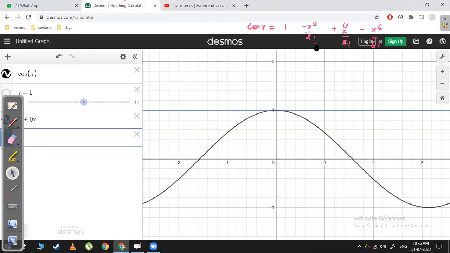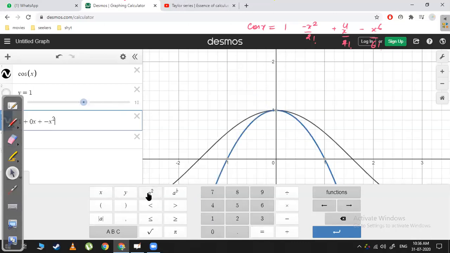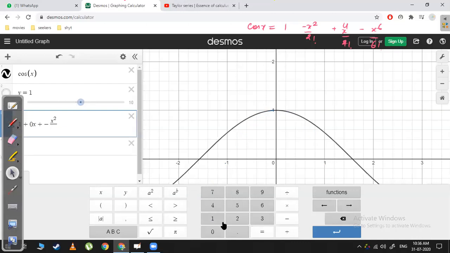So then we substituted here. Suppose here this is the approximation. Now when I add that minus x square by 2 factorial term, the curve will become even closer to the function. So let's add minus x square divided by 2.